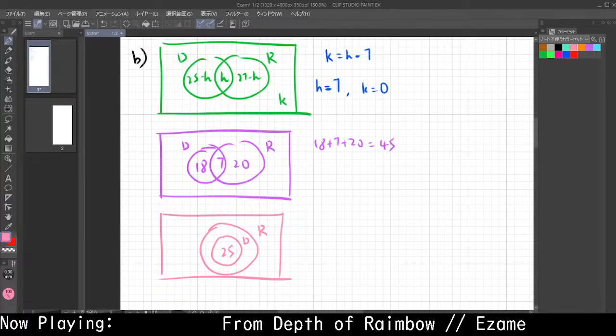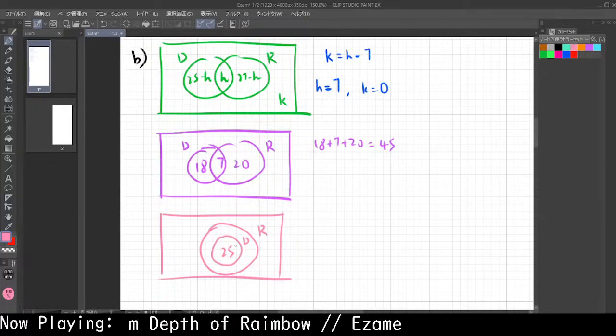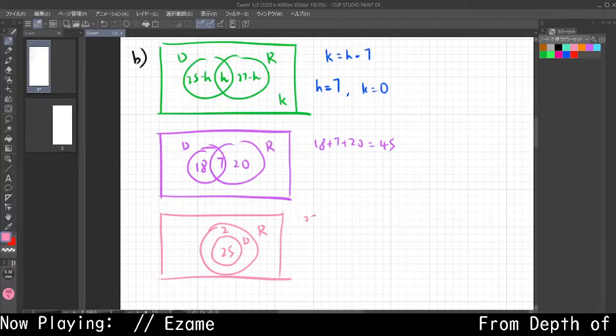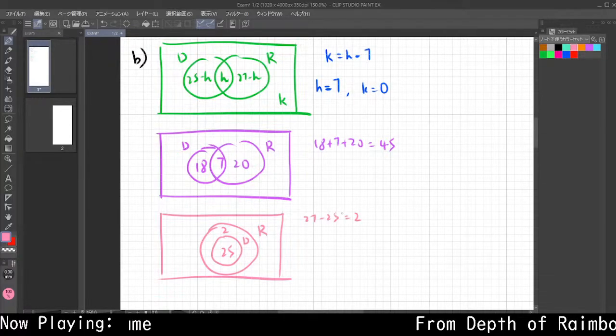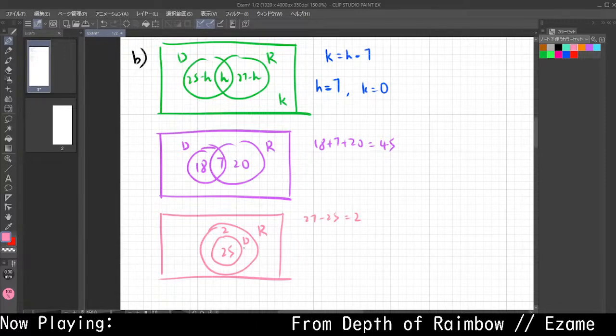So if all the students who like durian also like rambutan, then the outer portion over here will be just the remaining 2, because 27 minus 25 equals 2. So 2 students were out here, and this is as much as you can get it to be.